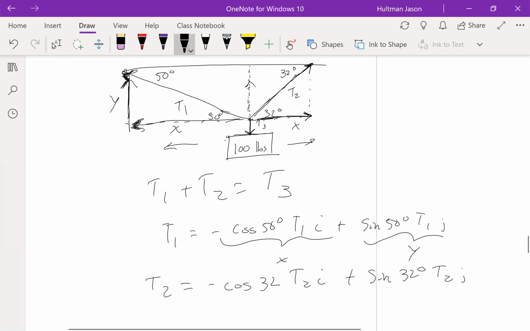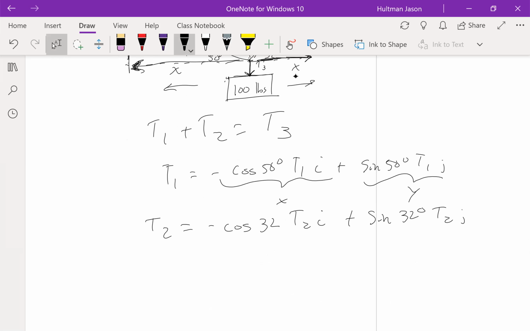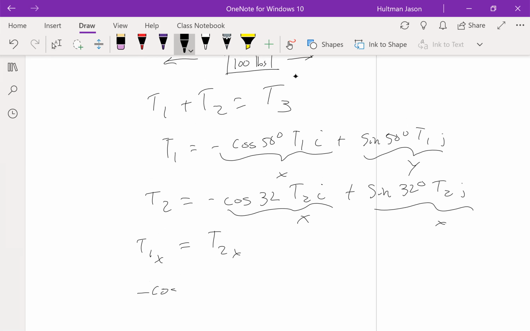So I know that T1 sub X is equal to T2 sub X. That tells me that negative cosine 50 degrees T1 is equal to negative cosine 32 degrees T2.